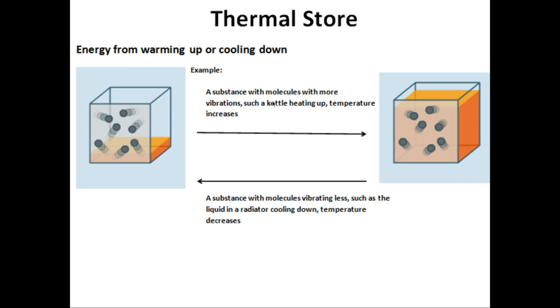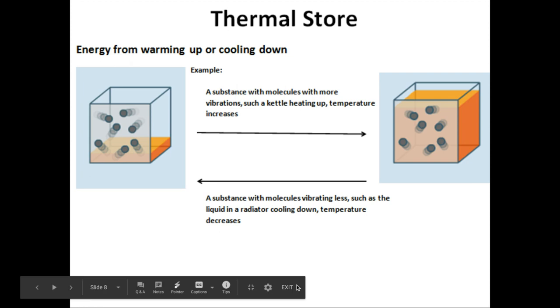A substance with molecules with more vibrations, such as a kettle heating up, the temperature increases, therefore the thermal store increases. Whereas if we're going back this way, emptying the store, a substance with molecules vibrating less, such as the liquid in a radiator cooling down, the temperature decreases, and therefore the thermal energy store also decreases.